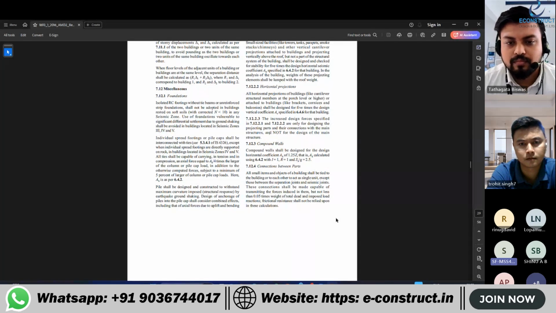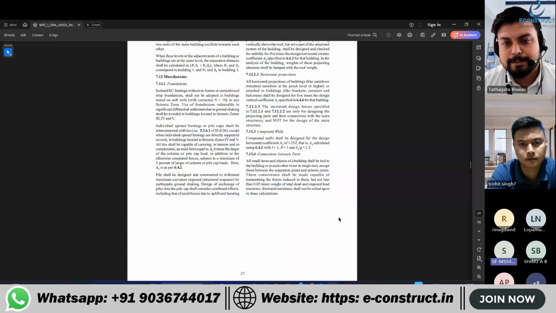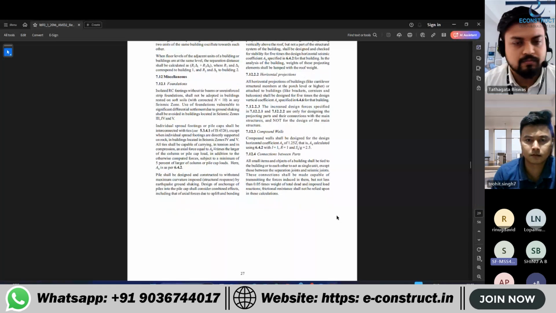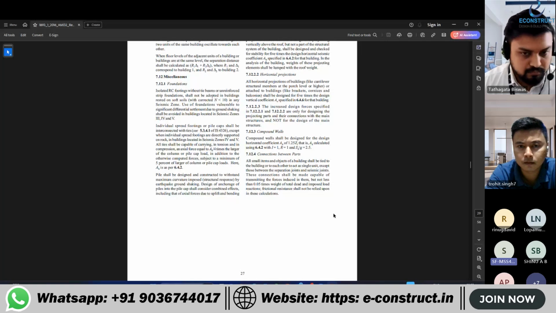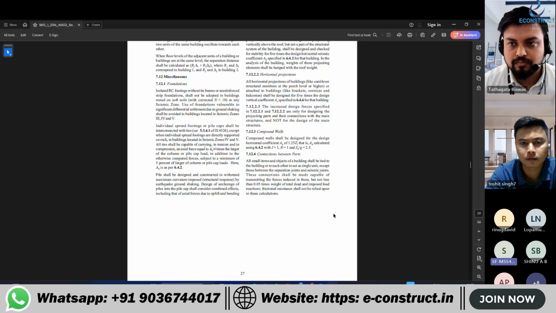Clause number 7.12.3, compound walls. Compound walls shall be designed for the design horizontal coefficient AH of 1.25Z, that is AH calculated using 6.4.2 with I equal to 1, R equal to 1 and Sa by g equal to 2.5.